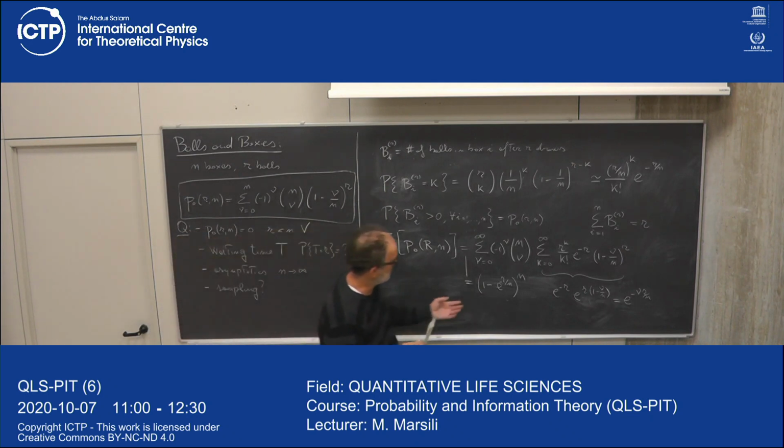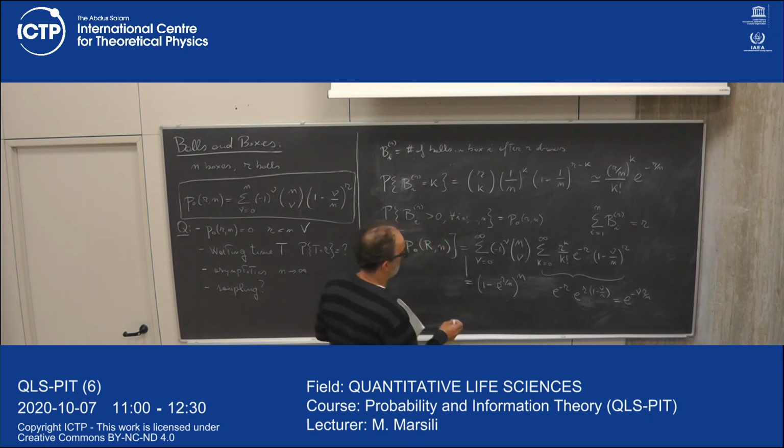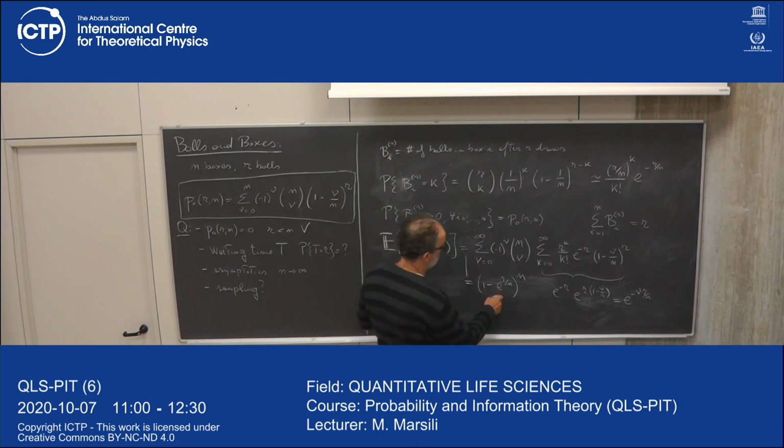And now you can ask how big should R be in order for this to be of order 1? In order for this to be of order 1, e to the minus R over n should be of order 1 over n.